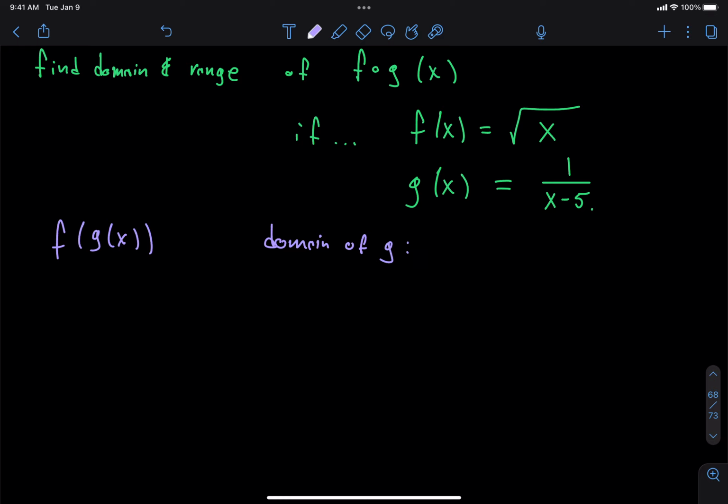is going to be what? What are all the numbers that I can plug into g? How can I express that, say using interval notation? All real numbers except 5. So in interval notation, what would that look like? I need to use a union, right?